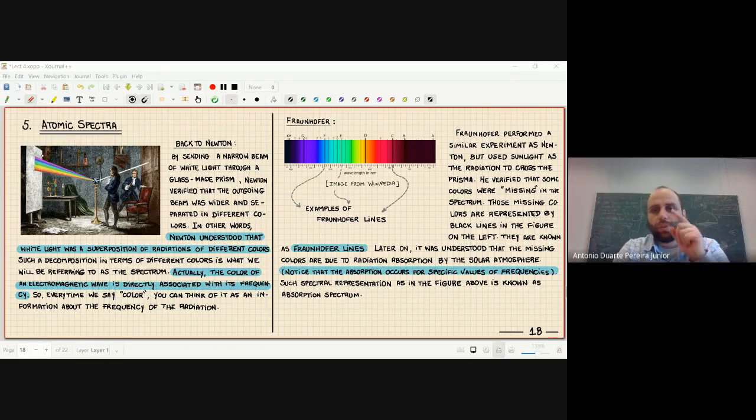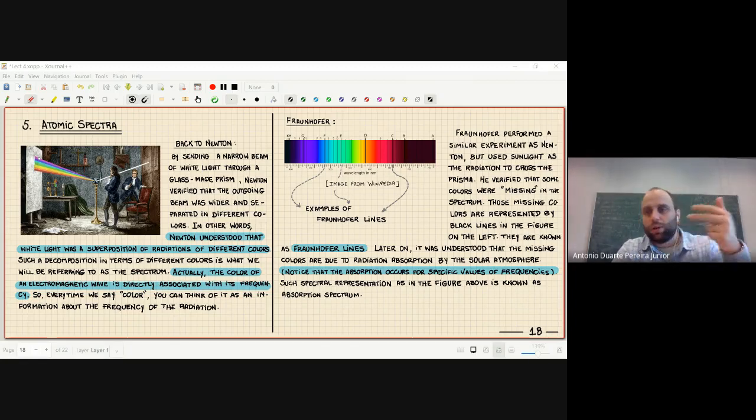And an important point is the following. Maybe if you're not familiar with the theory of electromagnetic waves, you have to understand that light of different colors is nothing but light of different frequencies. Or, in other words, it is just light of different wavelengths.